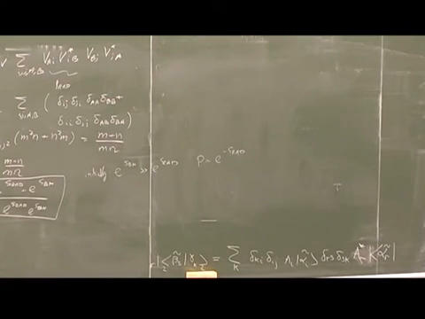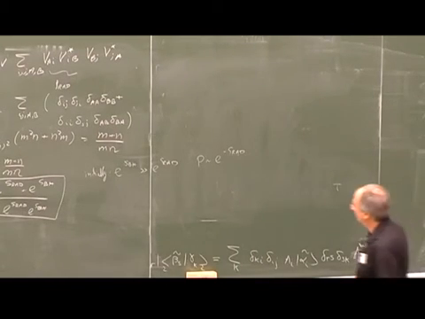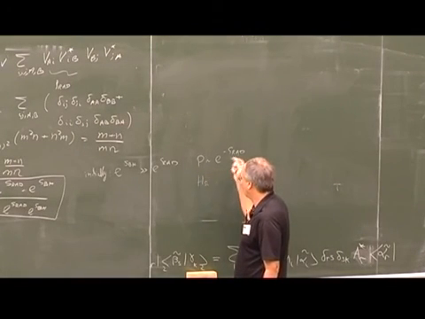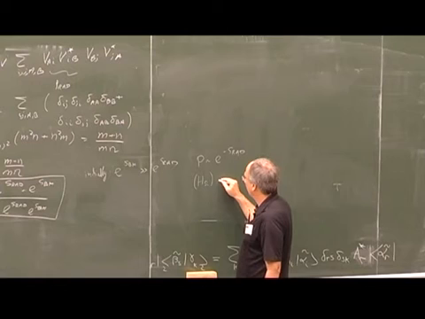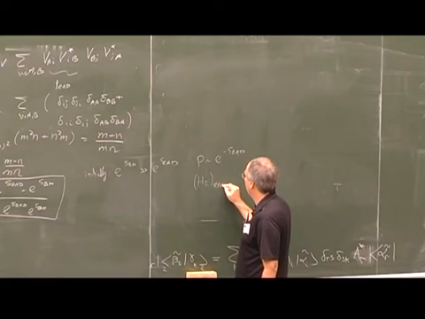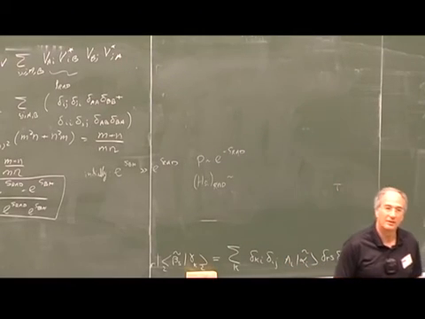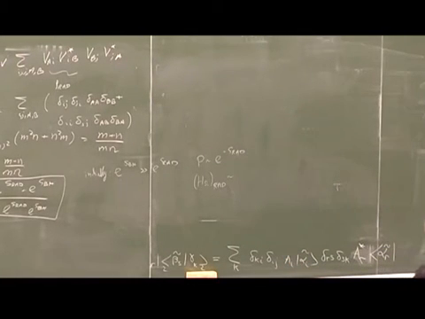So in that case, what is H2 of the radiation density matrix? You remember what H2 was? If you don't, you can look up on the board.